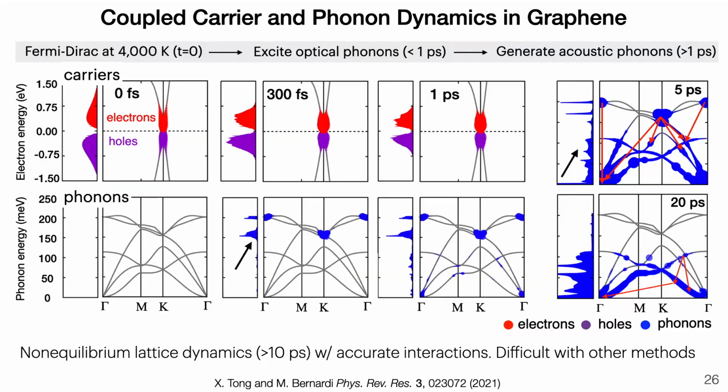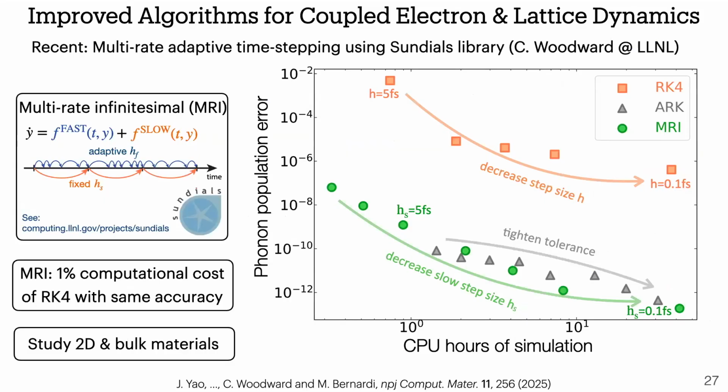This is very difficult, and initially we could only do it in 2D materials, but now in very recent work, we have interfaced this technique with the SUNDIALS library, which has state-of-the-art methods for time-stepping differential equations, and in particular, using adaptive and multi-rate techniques, we're now able to speed up these calculations by about 2 orders of magnitude with the same accuracy.